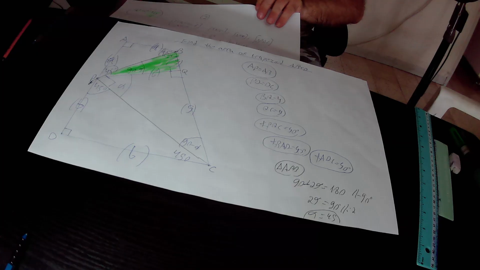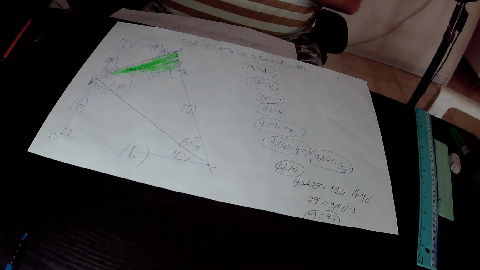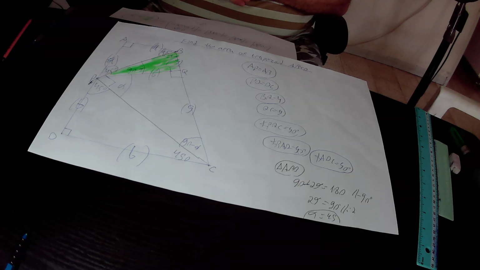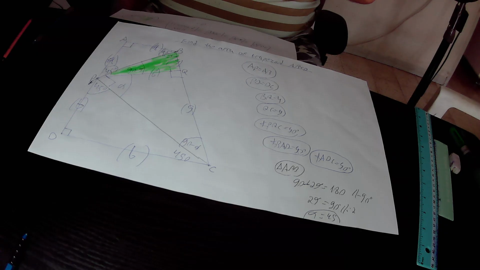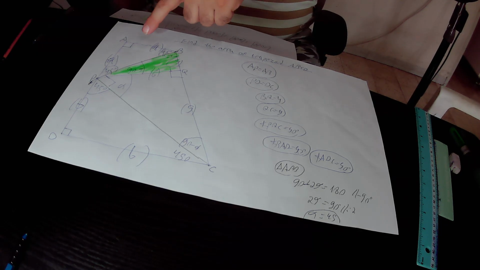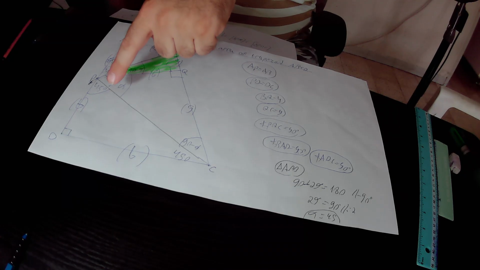Our mission is to find the area of this trapezoid ABCD. The area of this trapezoid ABCD must be equal to the sum of the areas of the three components that it consists of. Trapezoid ABCD consists of the right triangle ABP, the big right triangle PBC, and the right triangle PDC.